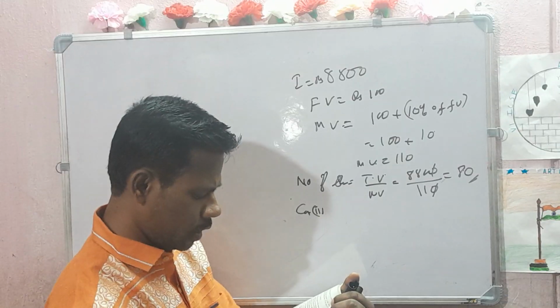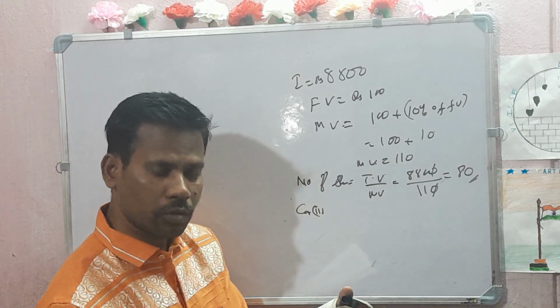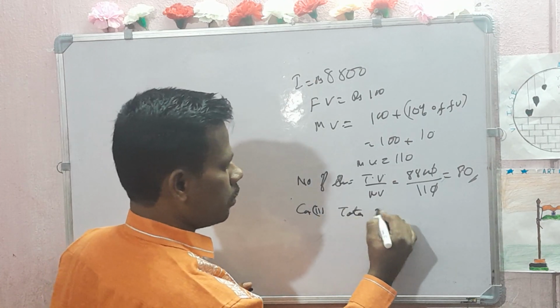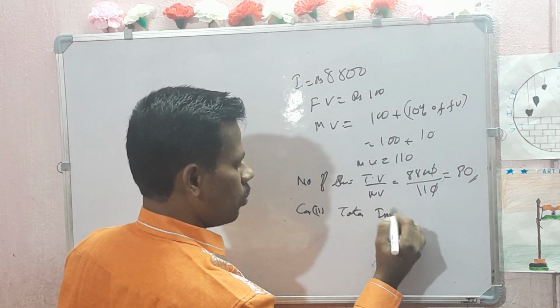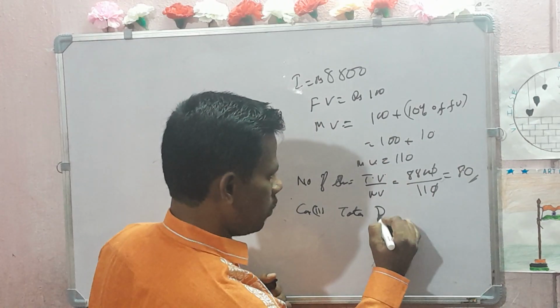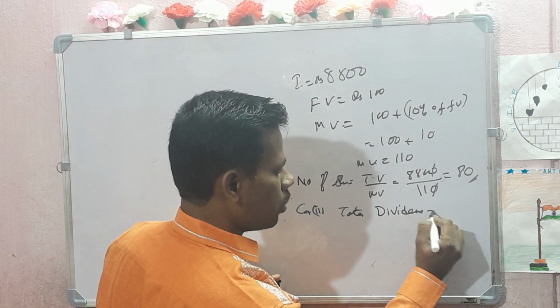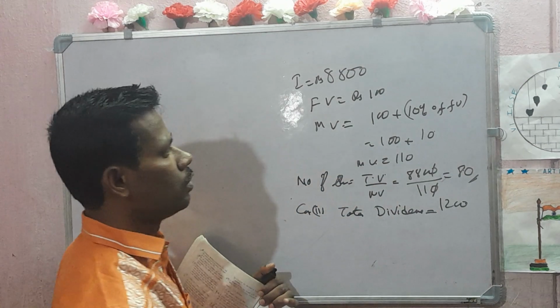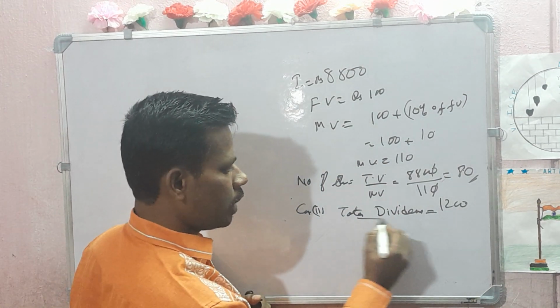If he earned rupees 1,200 each year, so total dividend is what? 1,200. So total dividend, how will you get?